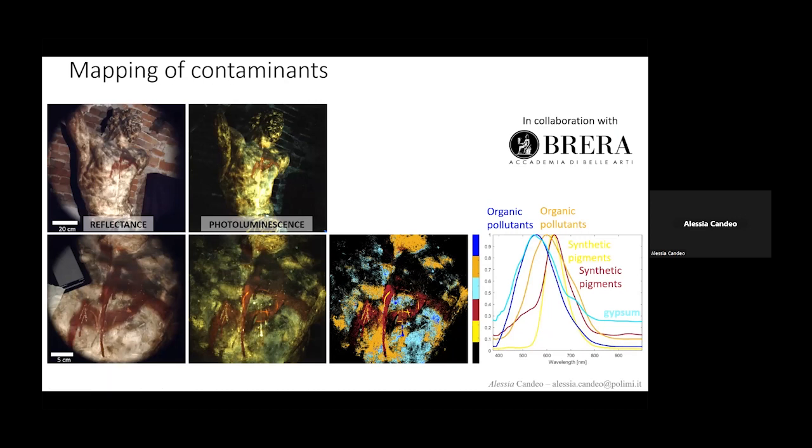In this case, we studied a statue that was vandalized, and we focused our attention on this detail. It was possible to understand in which areas there were organic pollutants or synthetic pigments that were used during the vandalism, to guide the conservation process.